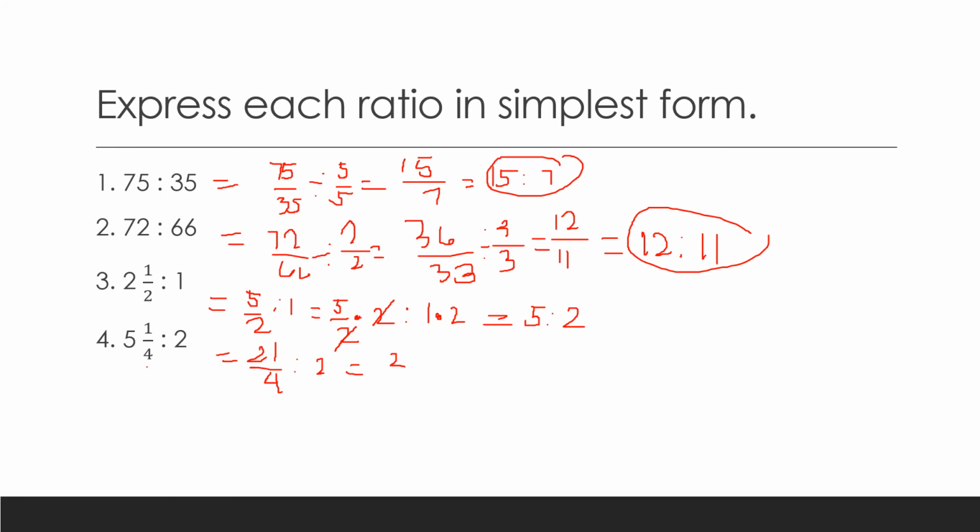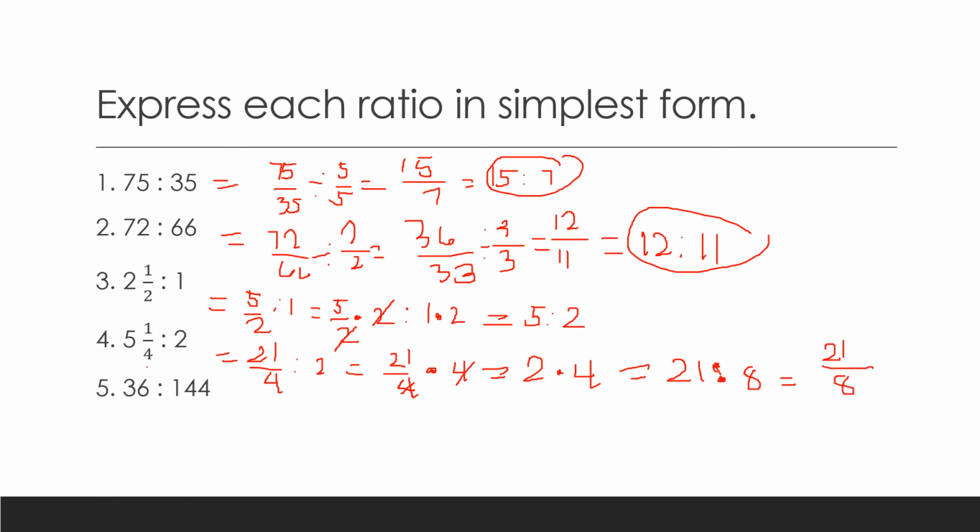So, 21 over 4 times 4 is equal to 2 times 4. Cancel natin to. Therefore, we have 21 is to 2 times 4, equals 8. So, 21 is to 8, or we can write it as a fraction, 21 over 8.